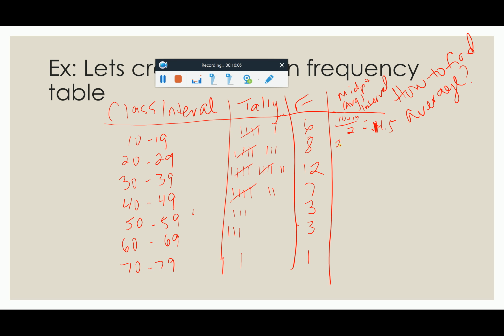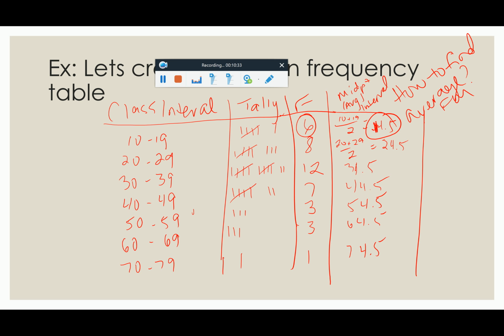Then you do the next one, 20 plus 29 divided by 2 is 24.5. If you notice, there's a pattern. This will be 34.5, this is 44.5, this is 54.5, this is 64.5, and this is 74.5.